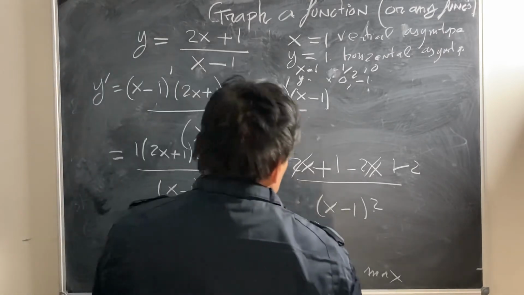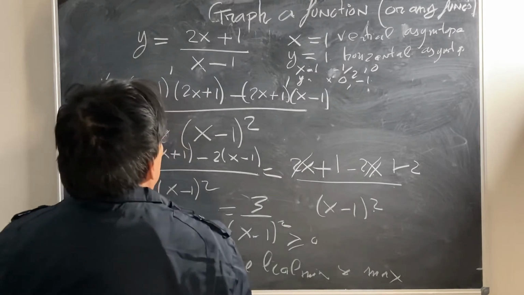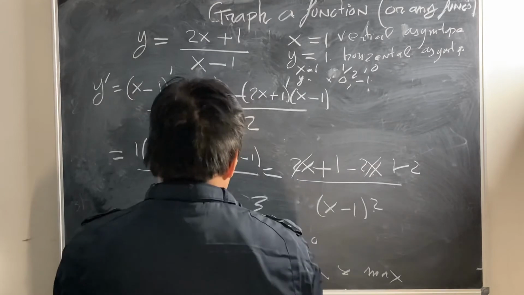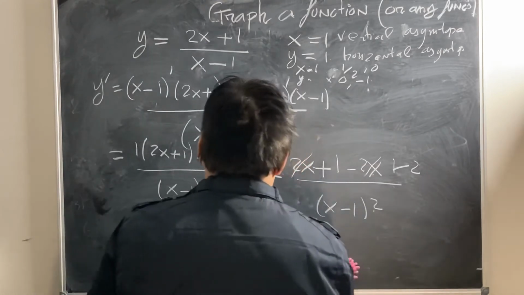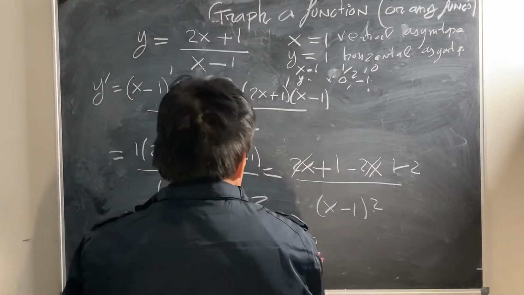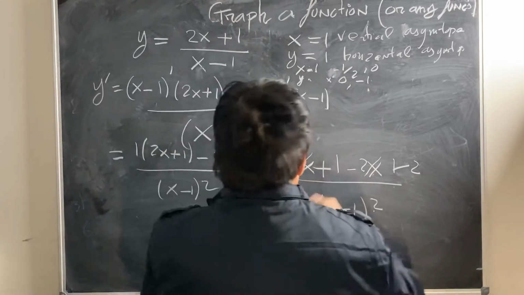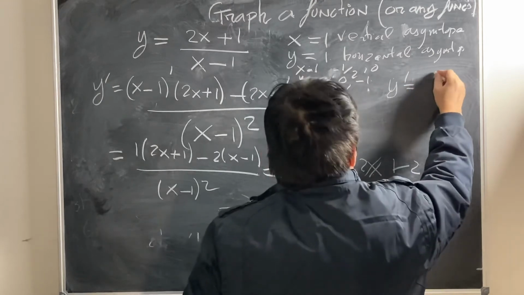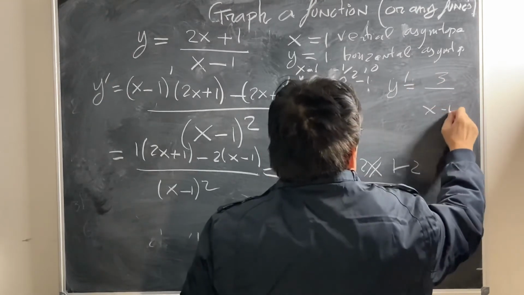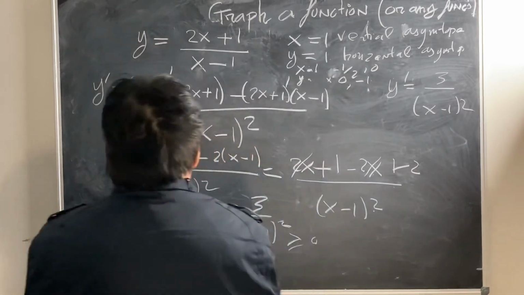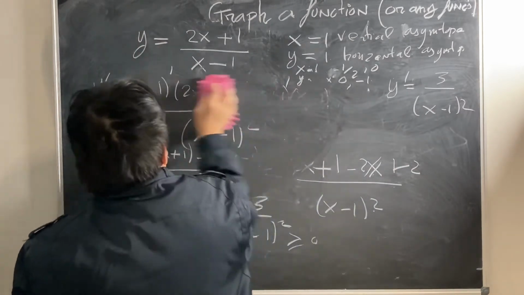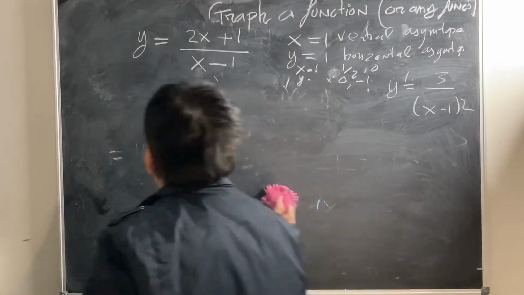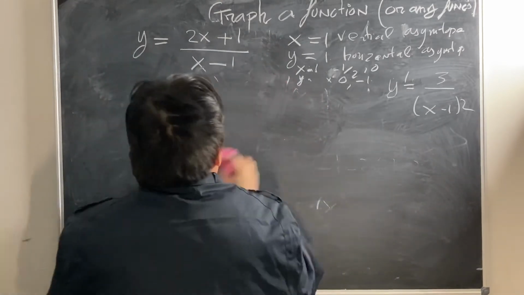Okay, let's draw the table. Here we have 3, it's only positive. So we have y prime equals 3 over (x minus 1) squared.